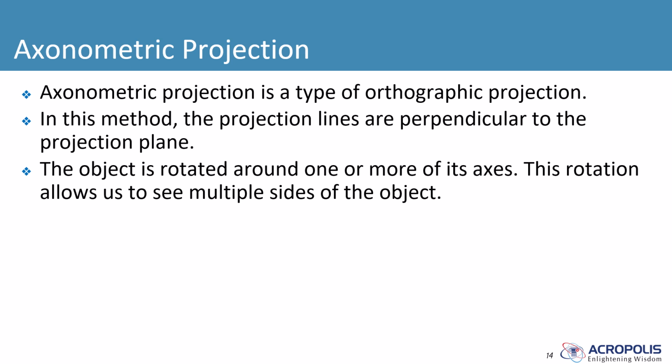And axonometric projection is a type of orthographic projection in which the projection lines are perpendicular to the projection plane. The object is rotated around one or more of its axes. This rotation allows us to see multiple sides of the object.